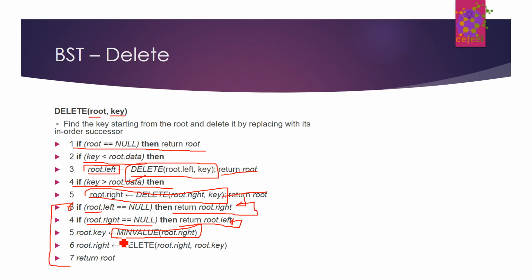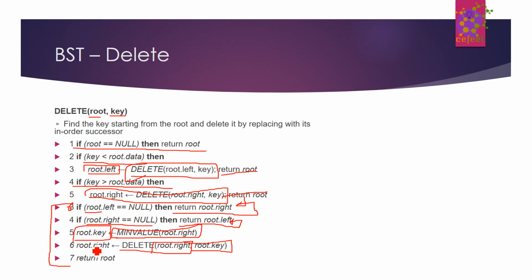It just finds the minimum node in the subtree and returns it. Once that is returned, we copy that value to the current root, which means we replace the value in the current node with that value. And once we have done that, we go ahead and delete that node, which means we call delete on root's right subtree with the value that we found.